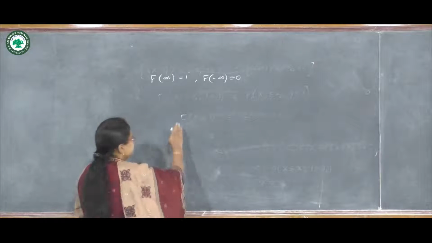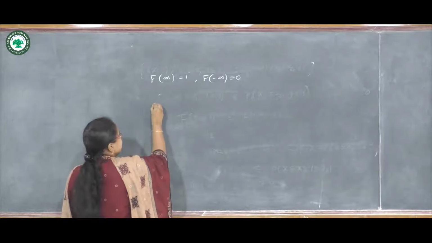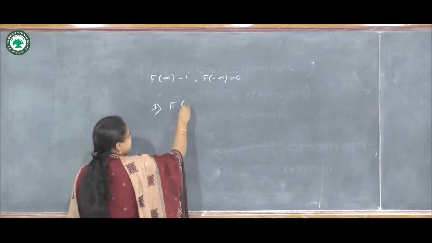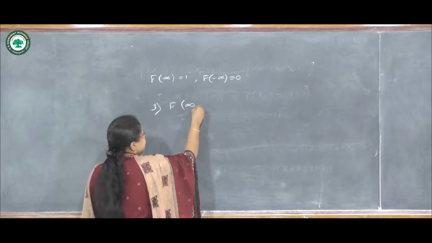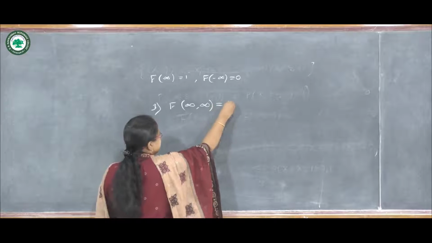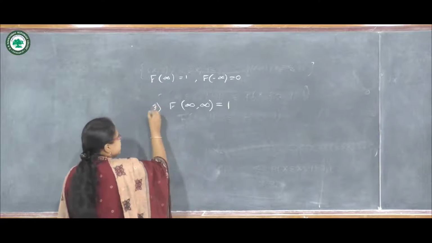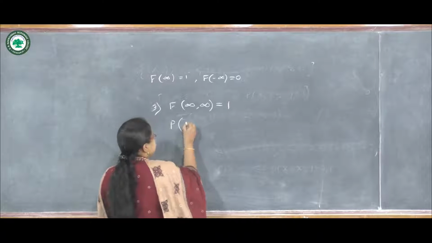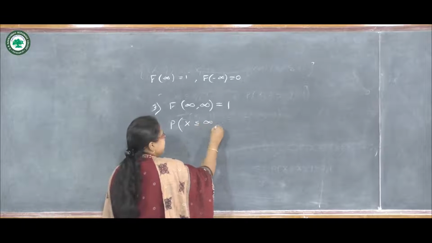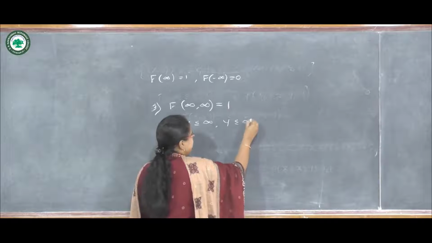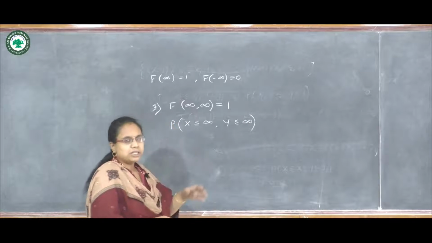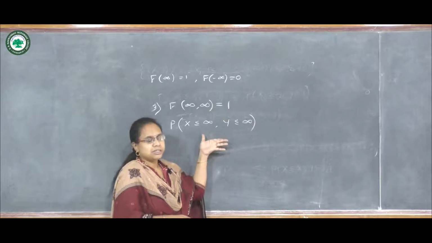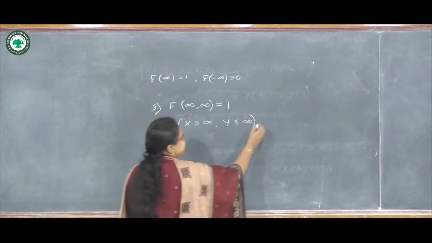So here property number 3 is F of, suppose we take infinity comma infinity, then it must be 1. So let's prove this by using its definition. So this must be x less or equal to infinity and y less or equal to infinity. So here all the area is covered, therefore this probability should be 1.